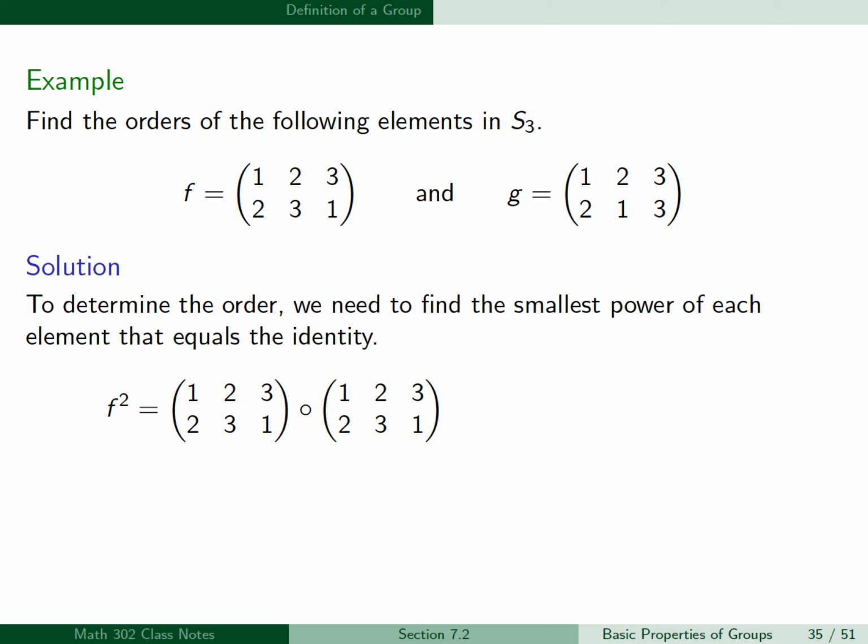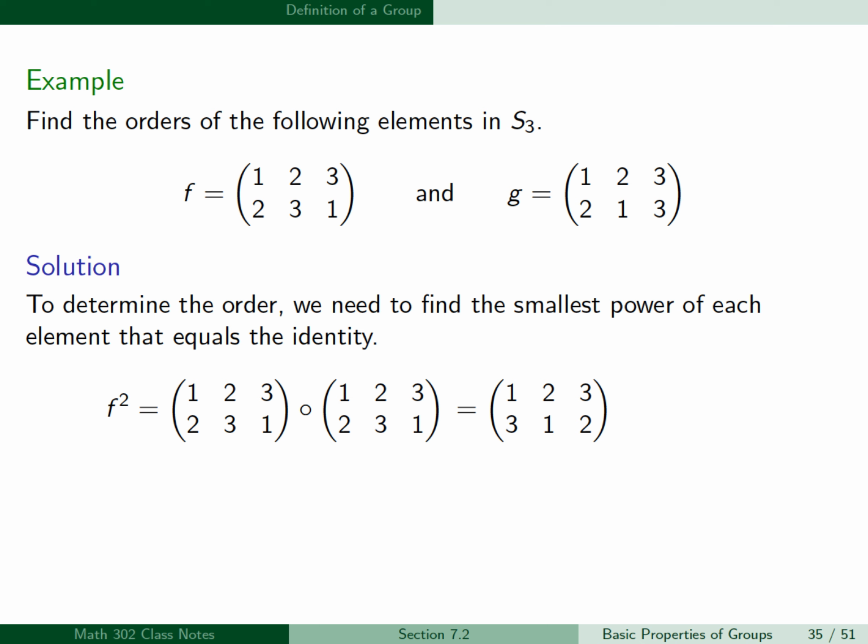And if we compute this composition, f maps 1 to 2 and then 2 to 3, 2 to 3, 3 to 1, 3 to 1, 1 to 2. So f squared will be the permutation that maps 1 to 3, 2 to 1, and 3 to 2.